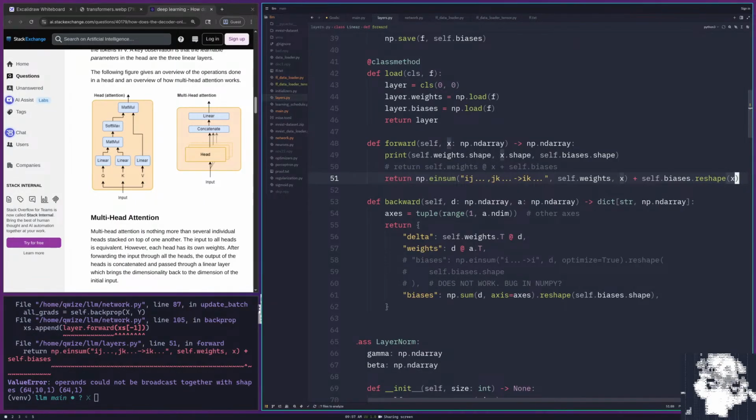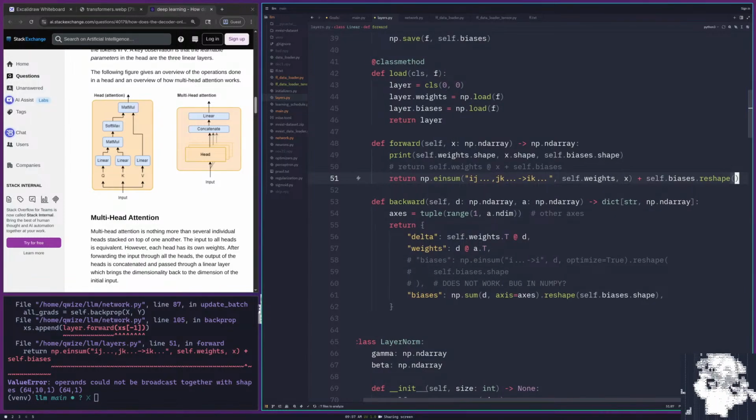It's not the shape of X though, is it? It's the shape of the thing that comes before it, which I don't have a value for yet.